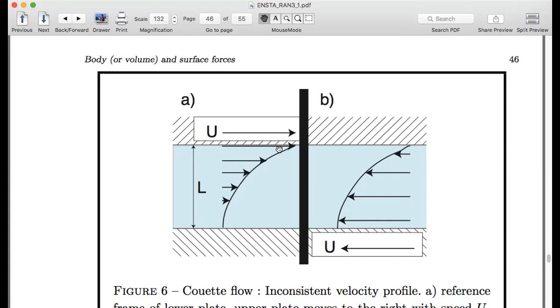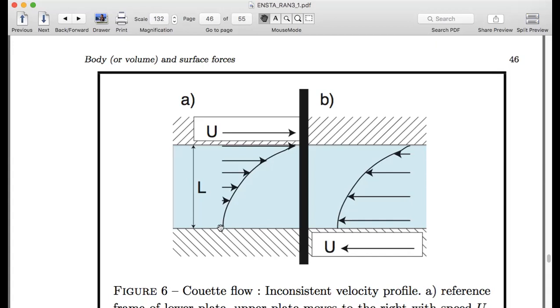And then I want you to try and anticipate. Well, we can argue, based on reconsidering the molecular origins of the fluid, that the fluid should be stationary with respect to the plate for a thin layer of order of thickness the mean free path, when the fluid is close to the plate.